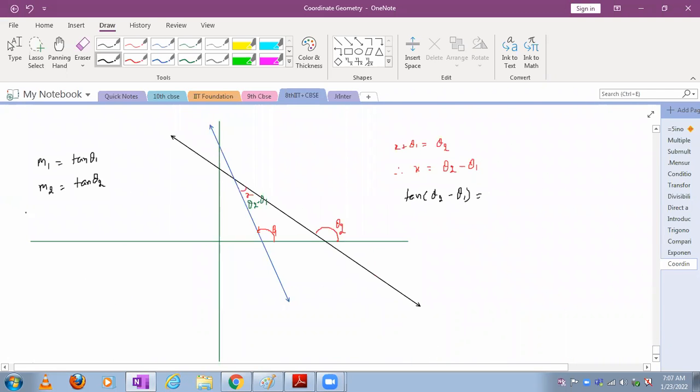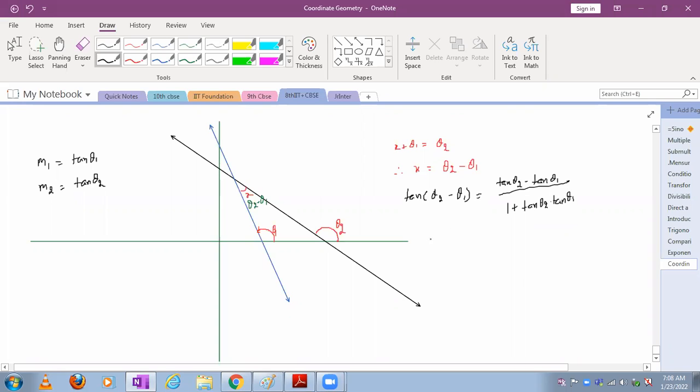Now, the extension of that one is the angle between two straight lines. I'm talking about the two straight lines here. So tan of theta2 minus theta1 is equal to what? Tan A minus tan B by 1 plus tan A tan B. This trigonometry I will revise again, at that time you will get clarity.